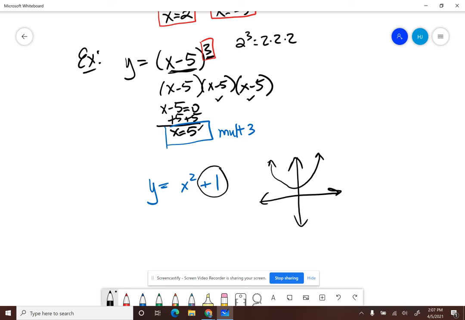So my question to you would be this: would this have a maximum or a minimum? Now you notice these ends, they're going up forever. They go up toward infinity, okay? So I don't really have a maximum, but I do in fact have a minimum right here. There's a bottom to this thing, okay? And where is the bottom?